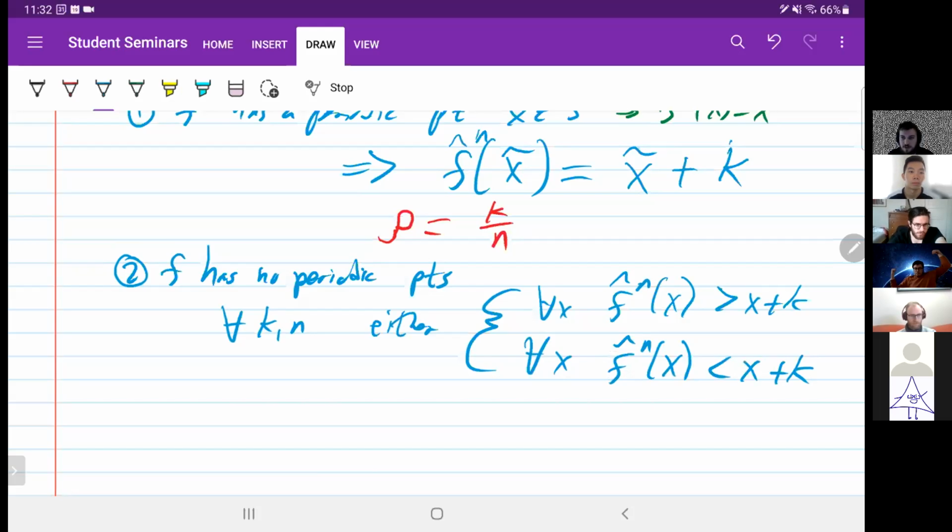Because if it was ever equal, we would have a periodic point. So one of these two cases holds for every single pair of k and n integers.